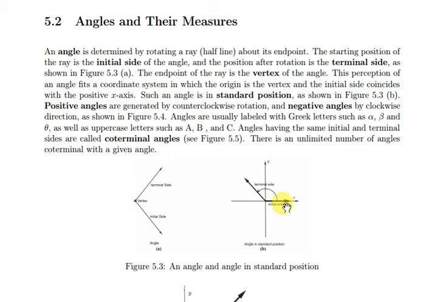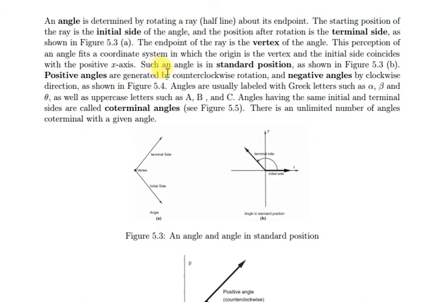Putting that in the plane, we get our initial side on the x-axis, then we rotate it, and this is now the terminal side. Such an angle is in standard position, as shown in Figure 5.3.